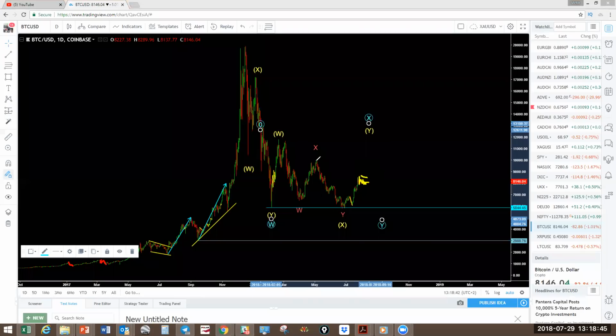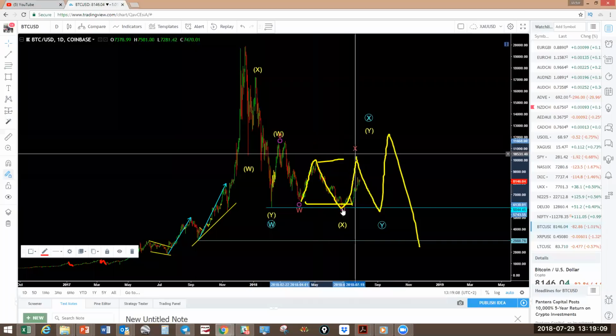It has to clear this if the structure is going to be a 1, 2, 3. There's a possibility that if it does not clear, you've got 1, 2, 3 at that level, and 3, and then up. The structure will still be the same. It is just not going to go immediately. It will be more sideways than we initially anticipated.